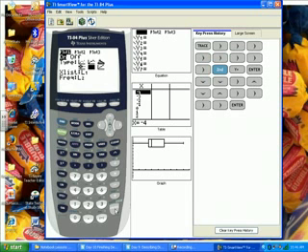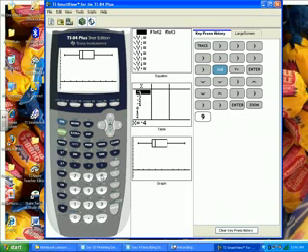Do I still want my X list to be L1 and my frequency to be L2? If I had only one girl per height, I would have put a 1 for frequency. So ZoomStat is Zoom 9. And ta-da! There it is. And how can you see what all those numbers are? If you press trace, and ta-da!